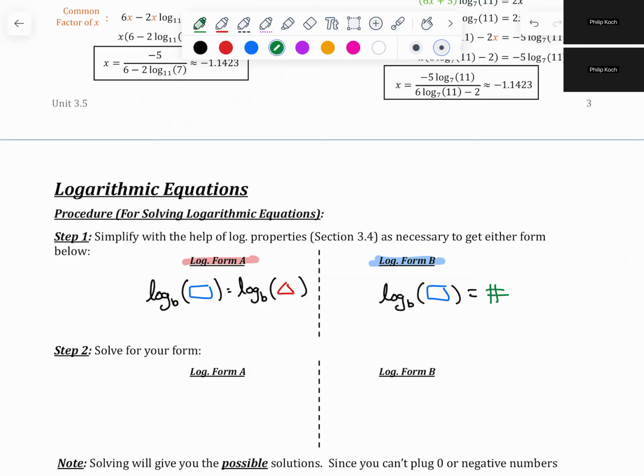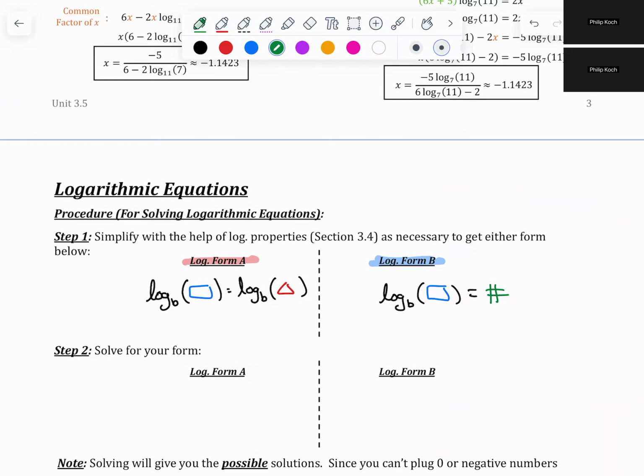You get one of those 2 forms. You won't get different bases. You won't get log base b of something equals log base a of something else, because that's a much more awful monster. That requires using the change of base theorem, along with a couple other things. It won't be fun. These ones are fun, so we focus on the fun.